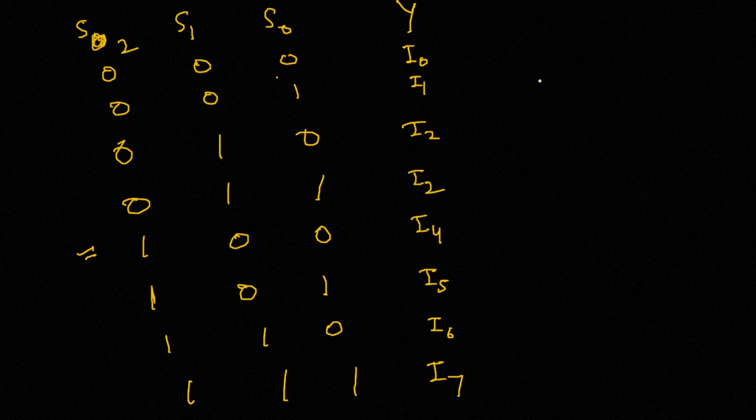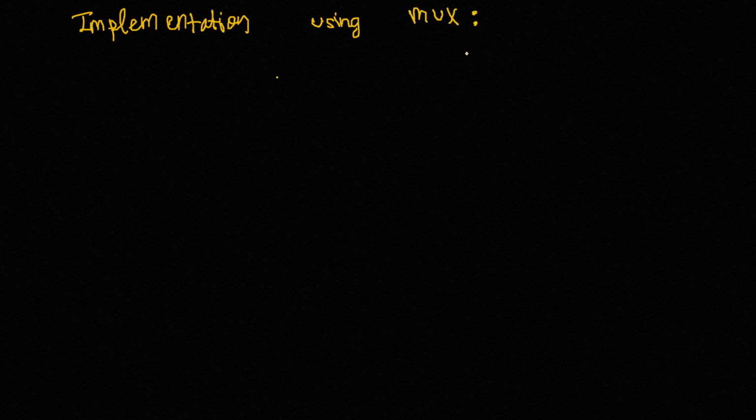So now let us talk about implementation of boolean functions using a multiplexer. So what this does is it reduces the need for multiple gates. You can just implement the entire given boolean expression with just one device, which is the multiplexer.